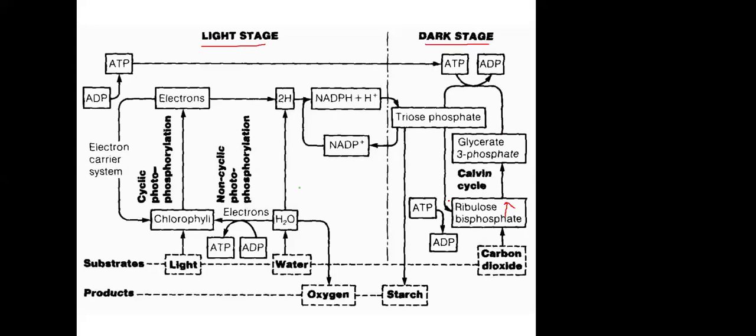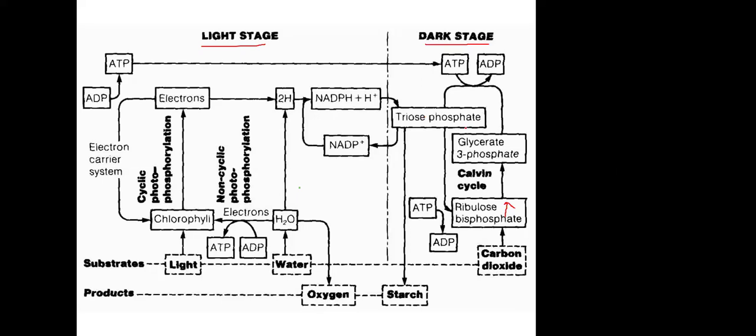You get it? So, when we convert them into TP and the starch, the majority is coming back and regenerating into RuBP, meaning that the RuBP concentration remains high. But if carbon dioxide concentration increases, then more of the RuBP is going to be converted into GP. And then the GP is going to be converted into these other things, okay?